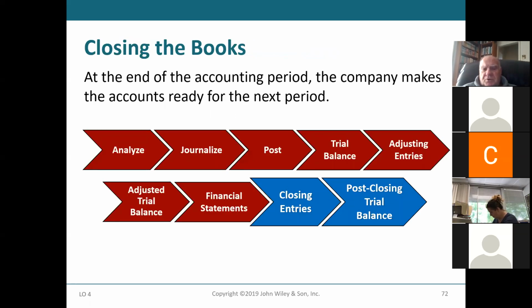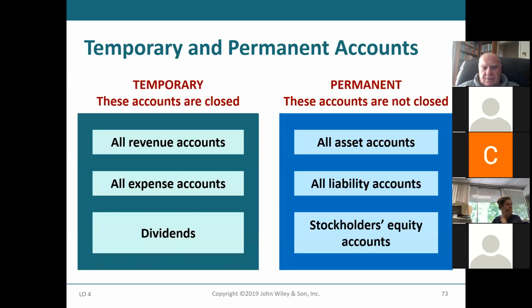Now we're going to do what's called closing entries. Bob, we got adjusting entries, now closing entries? Yeah, closing entries. What we're going to do is take every account in the income statement, every revenue, every expense, and zero them out.